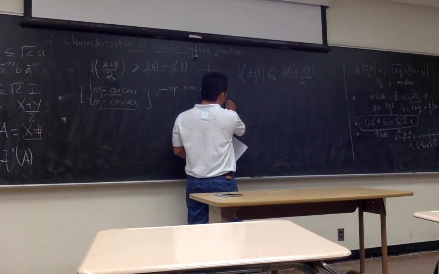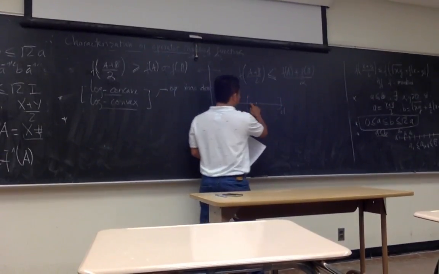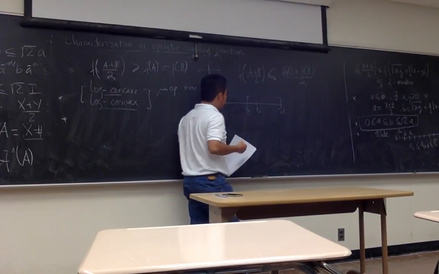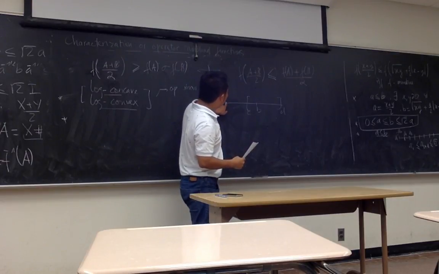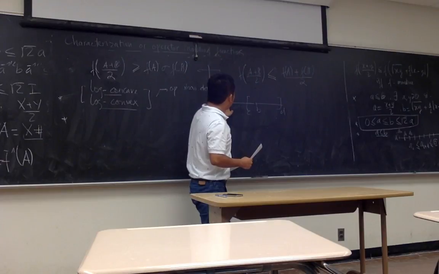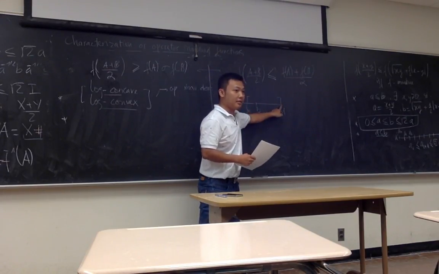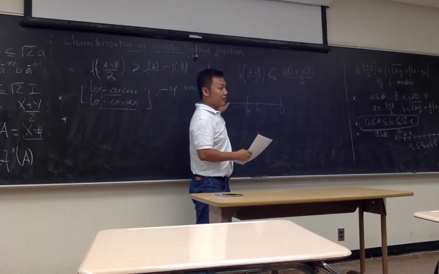For intervals AB and CD, if the intersection is not empty, and the function is operator monotone on AB and on CD, then it is operator monotone on AD. But for operator convex functions, it's open.